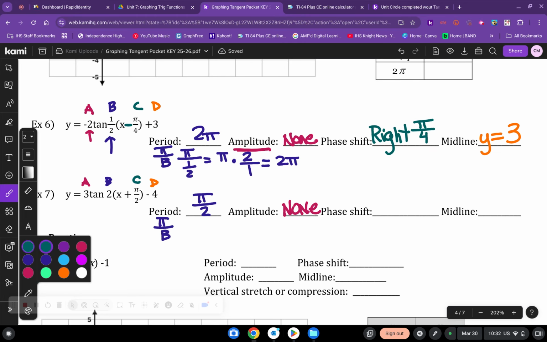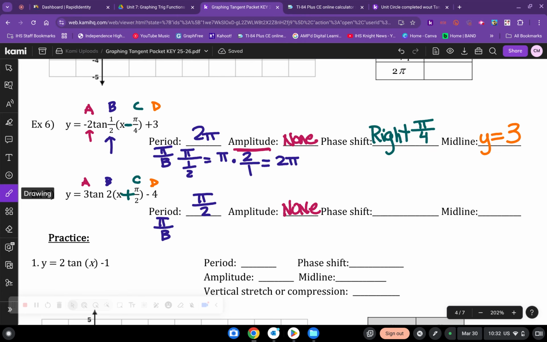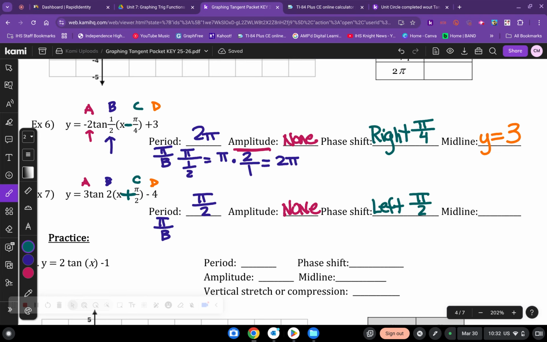Phase shift, this is a plus here, so that means it's going to go to the left. Left pi over 2 units. Midline y equals -4.